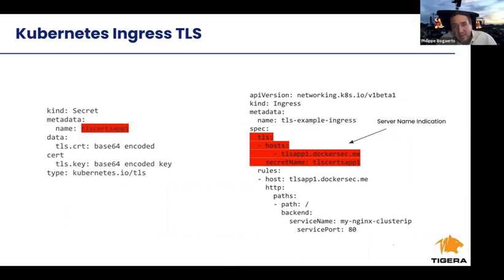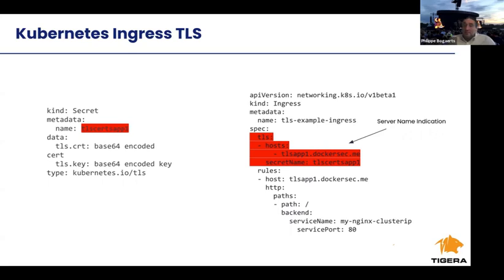So back to our Kubernetes Ingress definition. If you want to do the TLS offloading, once we have a certificate, it's pretty simple. You basically say the name as we did before, and we refer to the secret that holds the certificate and the key. Doing this, as I mentioned, requires the understanding of server name indication.